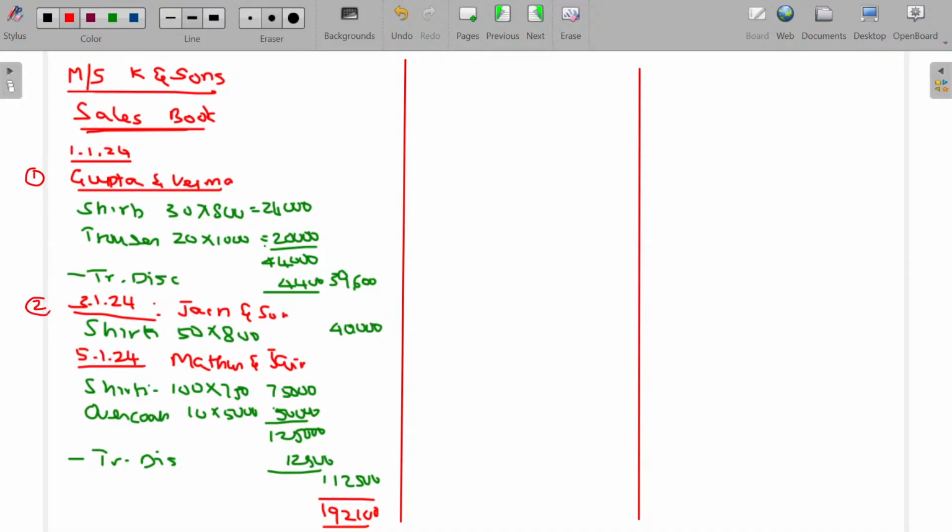Next is Jain and Sons. Third, Madhur Jain. And fourth being the total of this sales. Gupta and Verma. Jain and Sons. Madhur Jain.